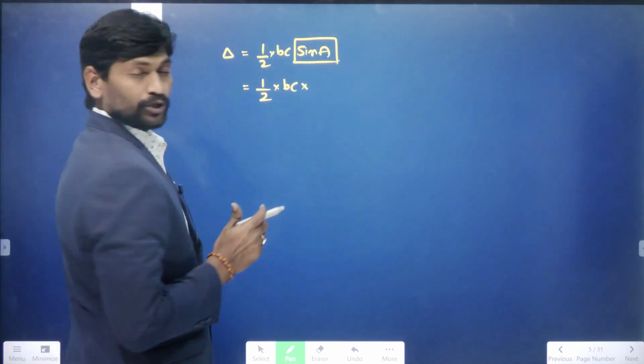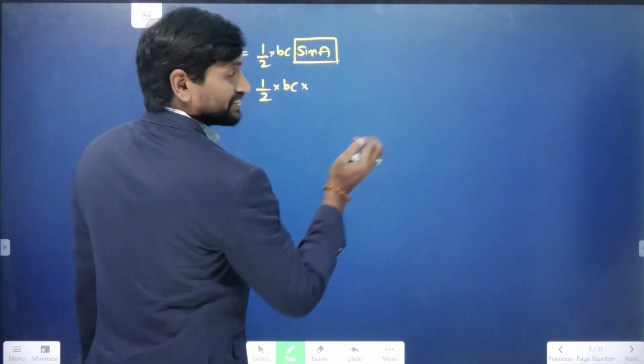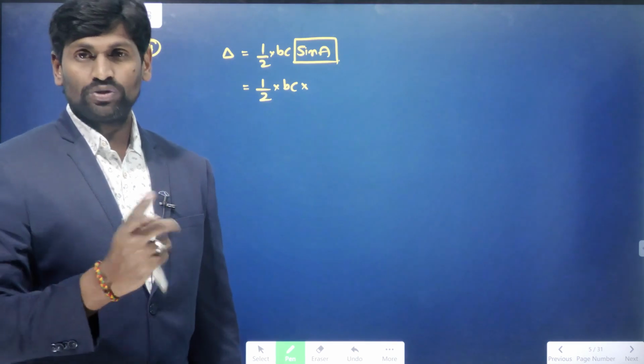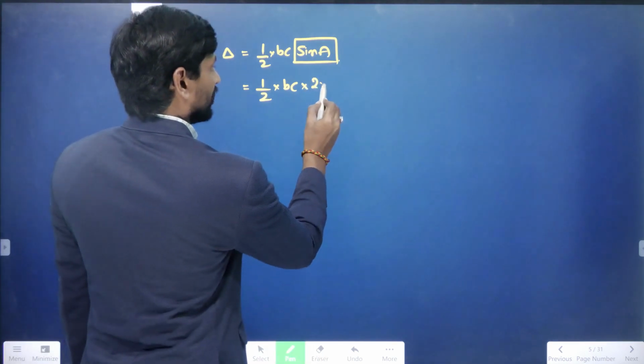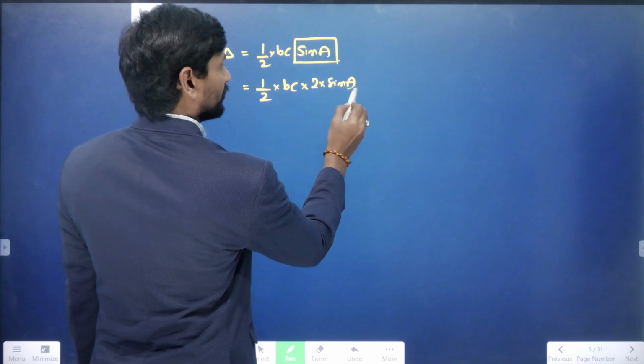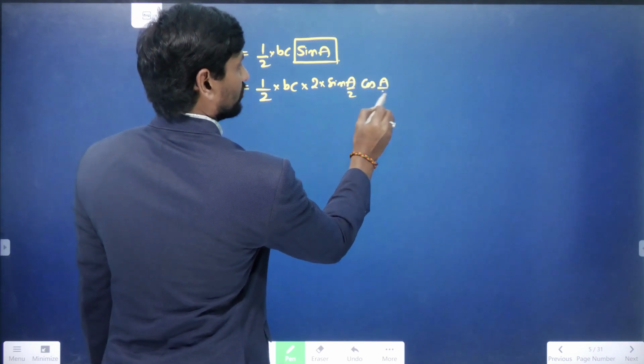So I am applying the multiple angle formula. Like the sin 2A formula, 2 sin A cos A. Now the sin A formula is 2 sin A by 2 cos A by 2.